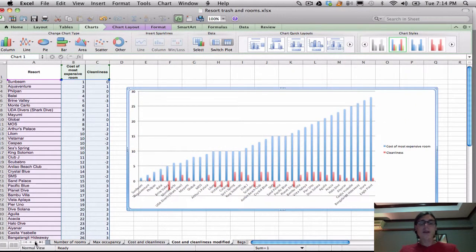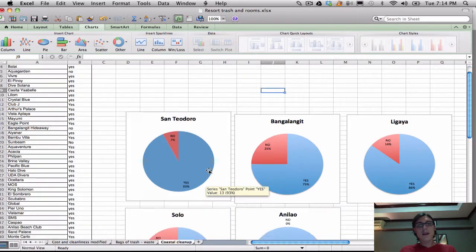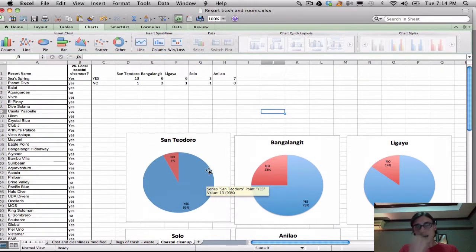All right, as you start to create bar charts or whatever charts that you create, it gets a little redundant in your paper when you just put a lot of charts and graphs in. One way that I can show you how to improve your data analysis and the presentation of the material is by showing your data more spatially, meaning putting it in the context of the place that we went. To show you that example, I've created a couple of pie charts, and I've taken these pie charts from the local coastal cleanup.